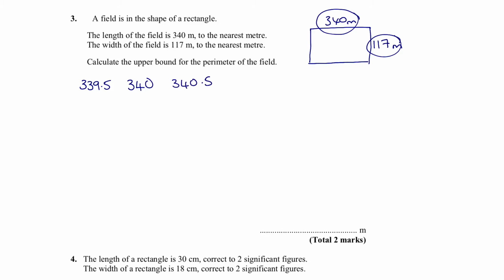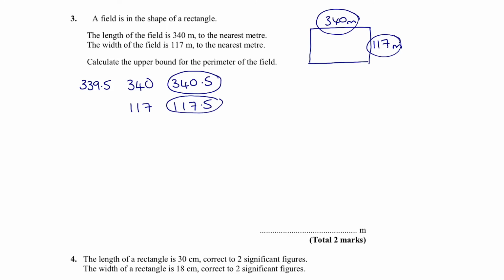Okay, using the techniques that we looked at in the last couple of questions. So the upper bound for the length of the field is 340.5, and then our 117, the upper bound would be 117.5 realistically, although we do know it would be 0.49999, and keep going with the nines.